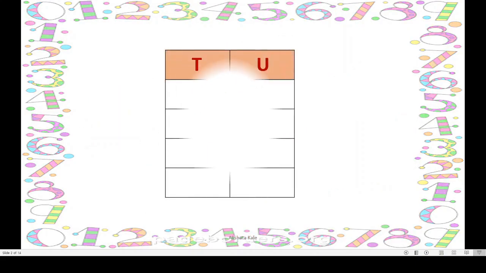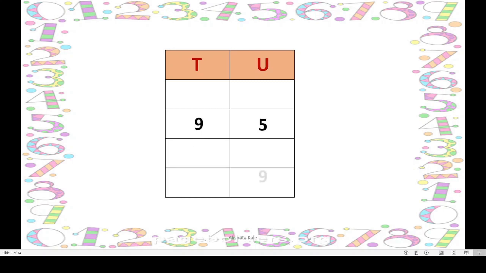Yes, dear children, before going to today's portion, we will take a quick recap of the last portion, that is of part 1. Okay, this is our table and now we are going to minus 39 from 95. Right, this is vertical arrangement. Numbers are there.